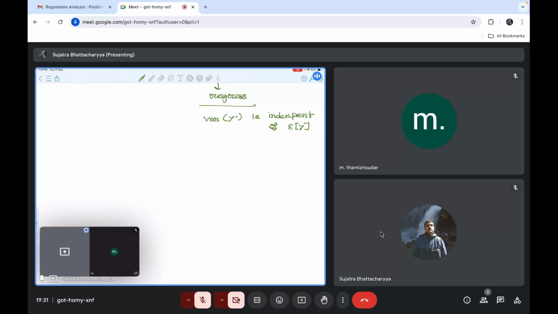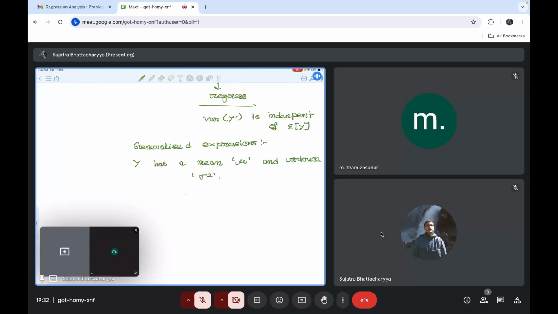Okay, then what we can do? Let us take some generalized expression. Suppose y has a mean mu and variance sigma square.